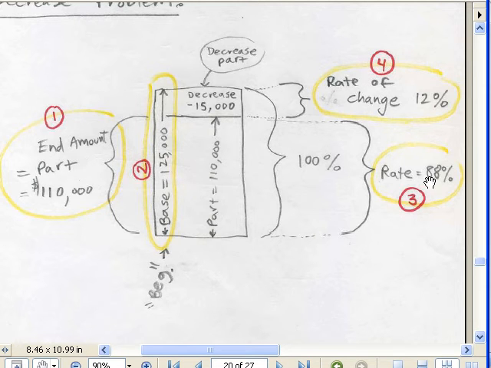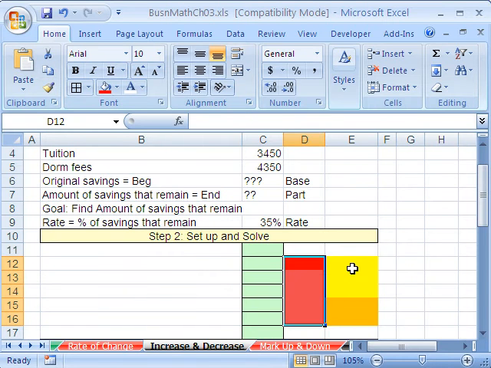There's a big rate. We already did this one. It was 88% left. But in our case that we're solving right now, it's 35. So this little section here is going to be a lot smaller than the decrease. Here's the base. So that's kind of what we're doing here. Now we could probably fill some of this in.